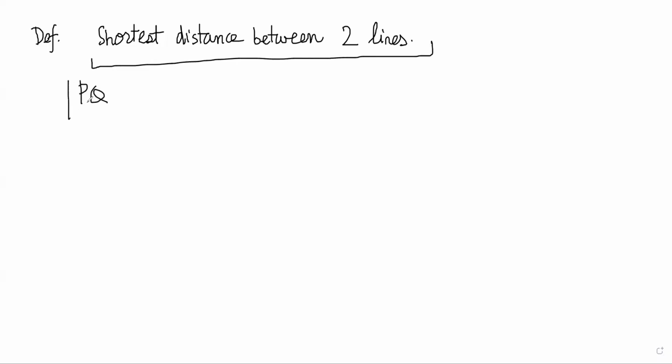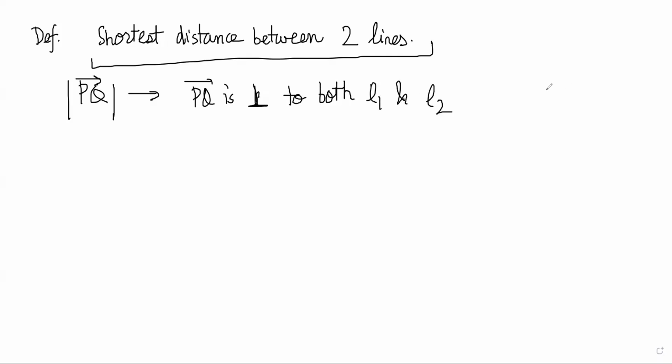It is the modulus of this vector PQ, which is such that PQ is perpendicular to both L1 and L2, and P lies on L1 and Q lies on L2.